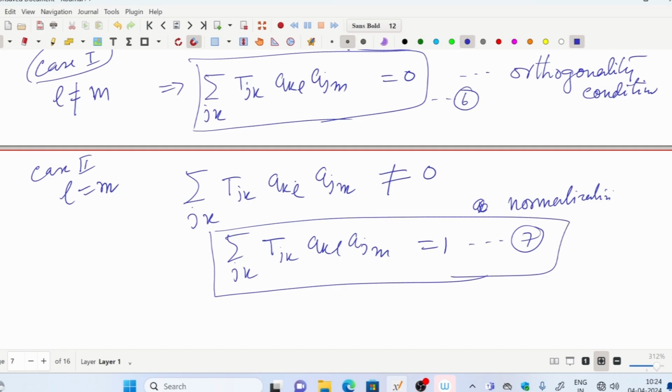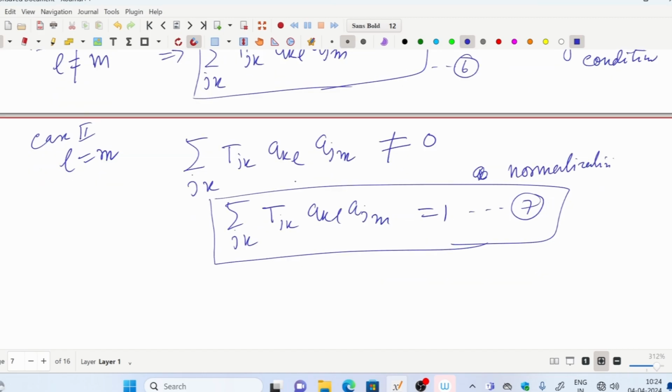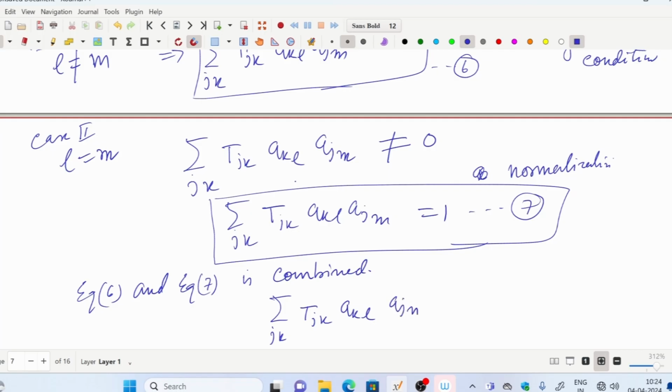So, we normalize this equation to this and denote this as equation 7. Okay. So, if we combine equation 6 and 7, we get the sum over j k of T j k a k l a j m equal to delta L m.